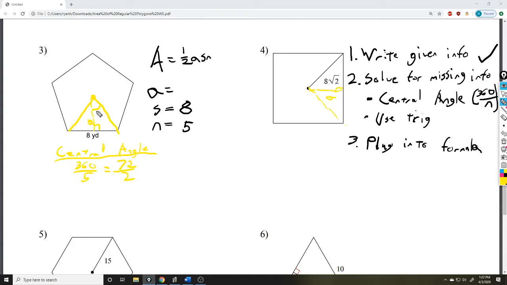The reason we're cutting it in half is because 360 divided by number of sides gives me this bigger angle, this angle right here. And I just want this piece, and that will give me 36 degrees. That means this angle is 36. Central angle, check. Now we're going to use trig.